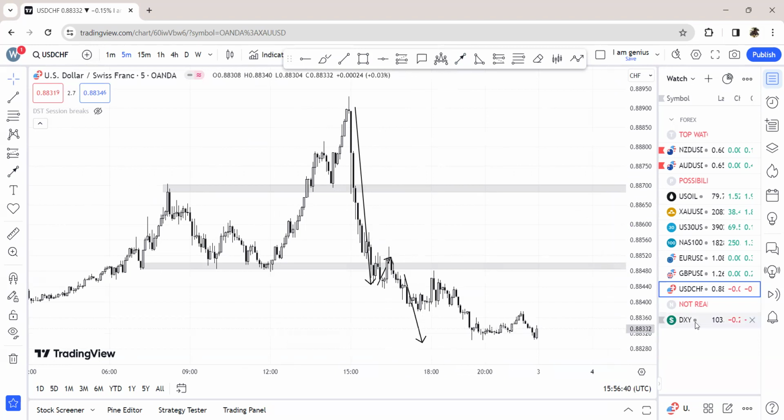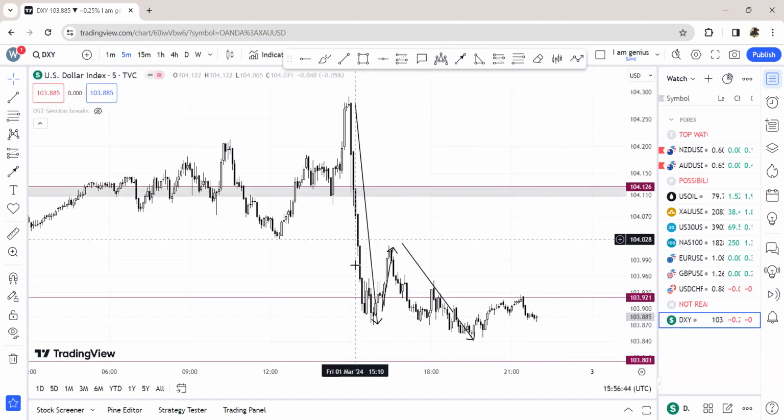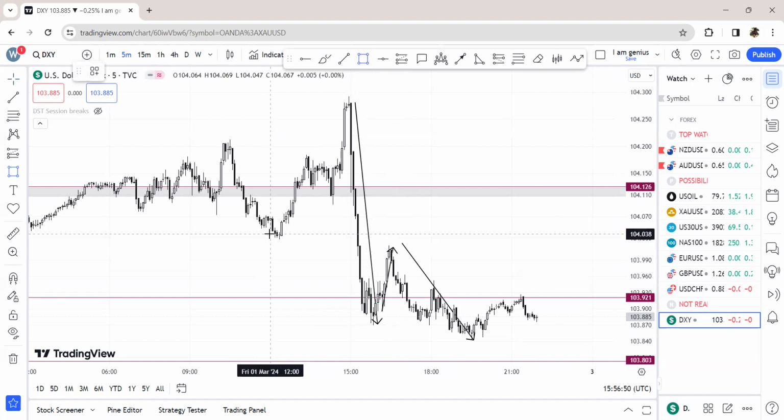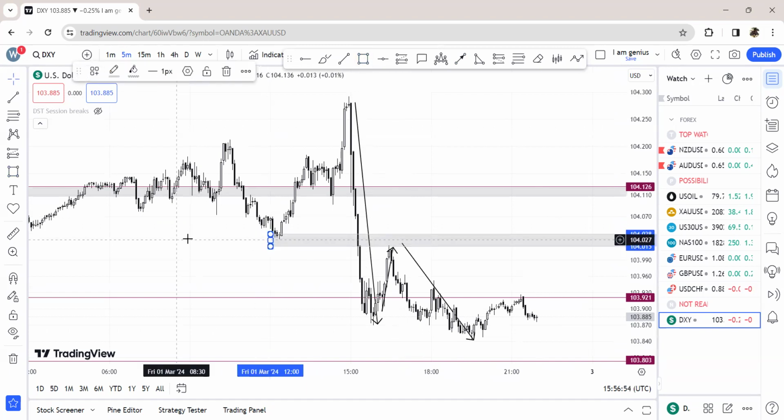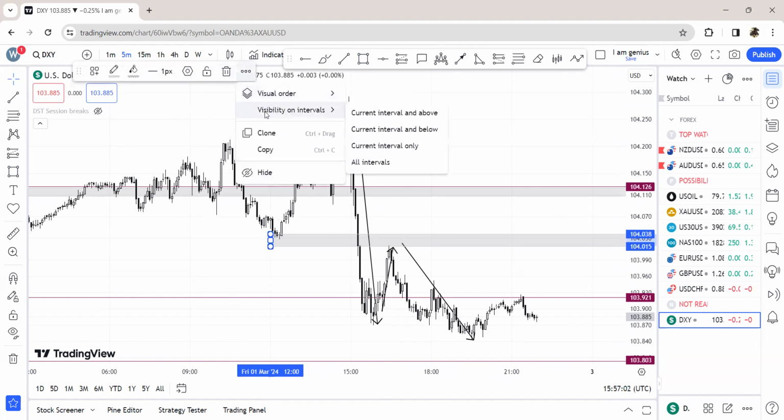I just check where is the DXY going. And I can see that it had this massive drop, and from these levels, it's forming some sort of, let's see. I'm sure at some point we obviously had, let me just push this to the right.